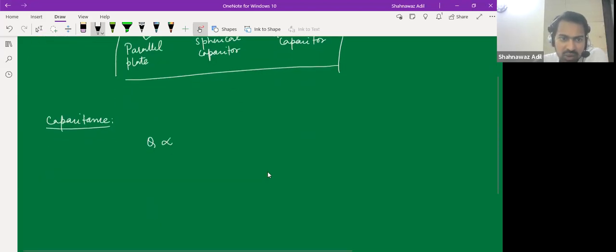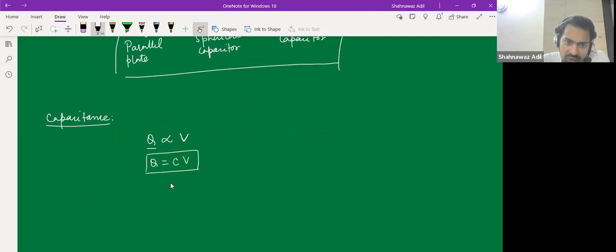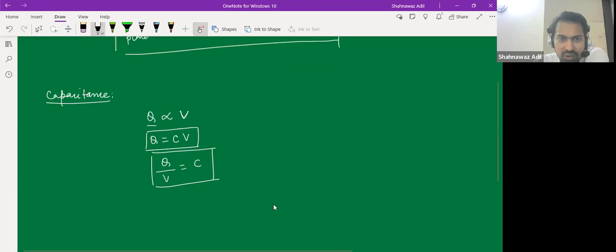So what is capacitance? If we remove the proportionality, the ratio of charge by voltage is called the capacitance.